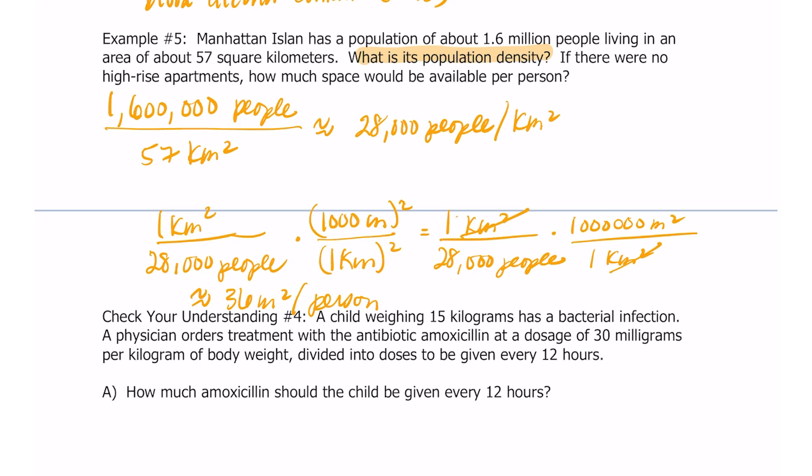So if you think of 6 meters, it's roughly 18 feet on a side. So picture a room that's 18 feet by 18 feet. That's all you would have if there were no high rises.